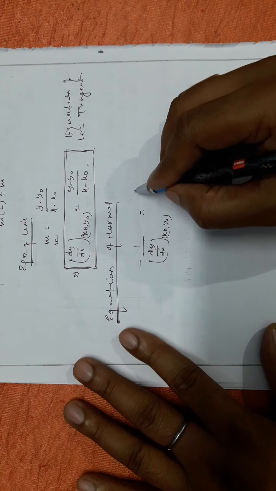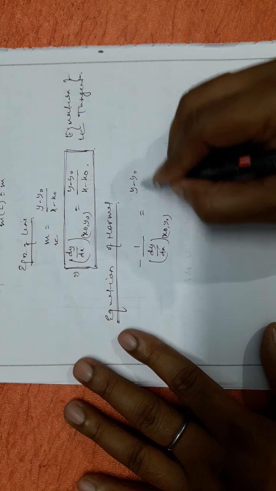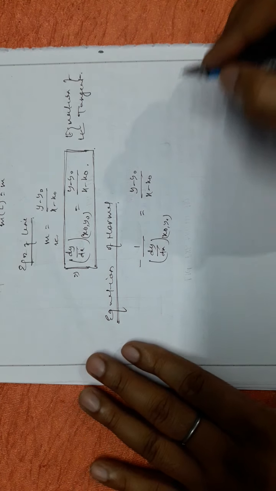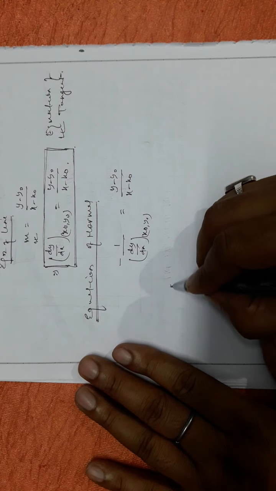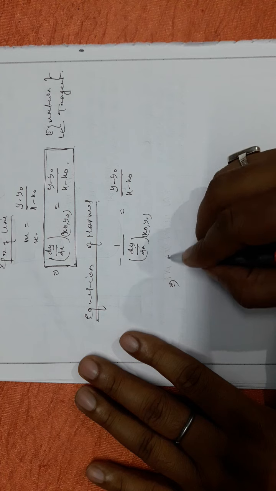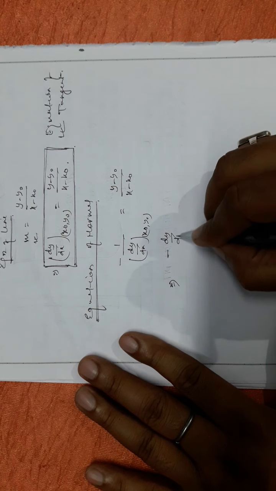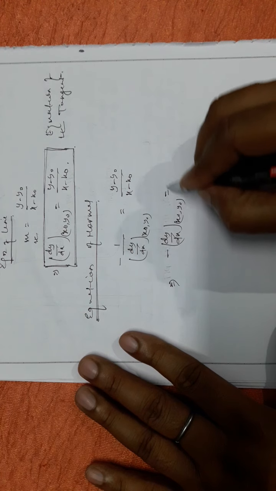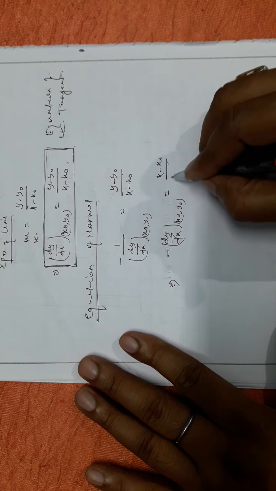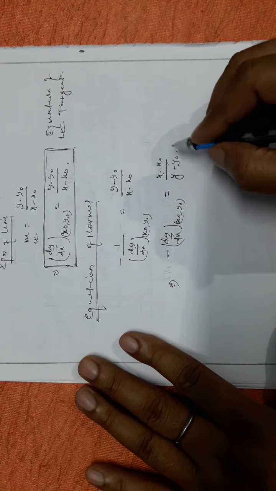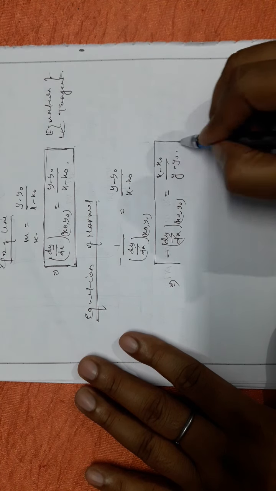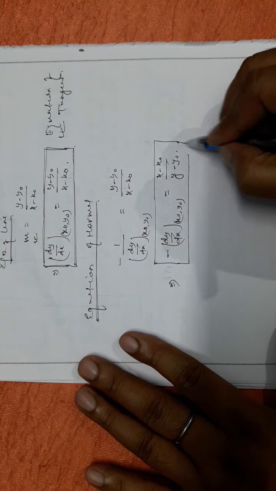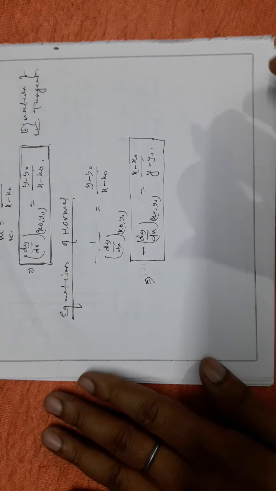Slope of normal is equal to (y minus y0) by (x minus x0). We can write this expression simply as minus dy/dx at (x0, y0) equals (x minus x0) by (y minus y0). This is the equation for normal.